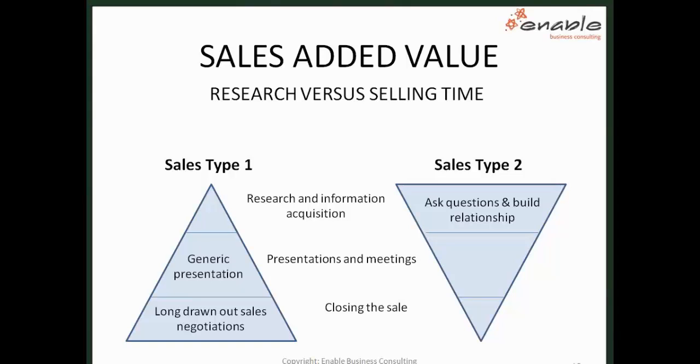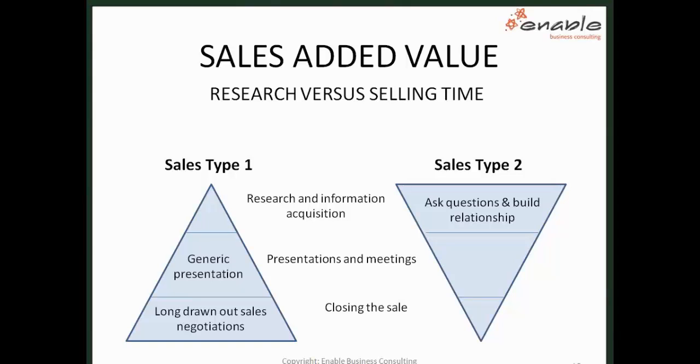And one of the things that I note with many firms is that when it comes to selling, the buck stops with the owner of the firm. They take responsibility for that most of the time. That means in a Type 1 sales environment, they're spending an awful lot of time out selling, dealing with client objections.